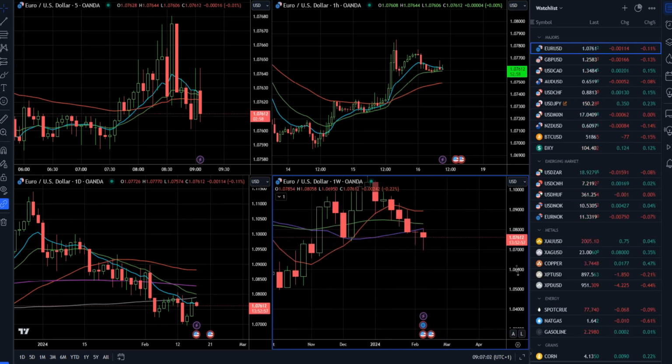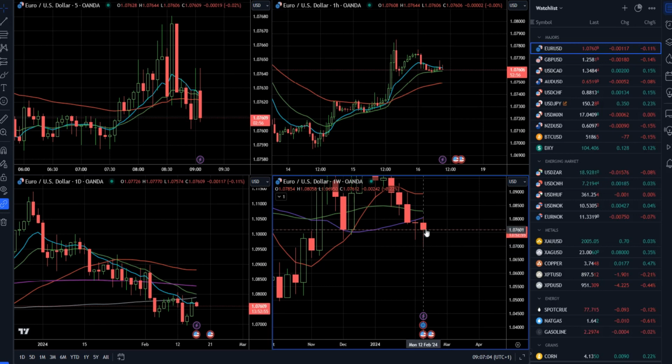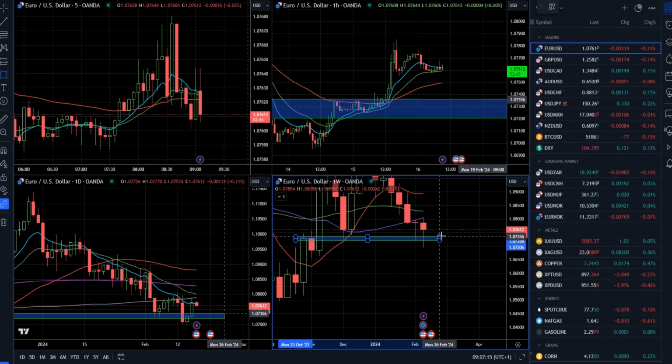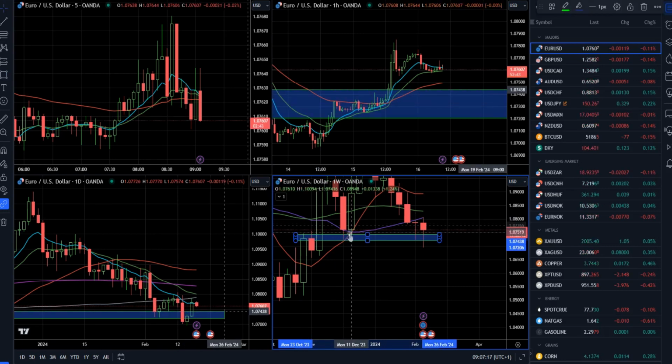This week the market is building this bigger tail, a pin bar, and last week was a doji candle, and this is also quite important support where all of this price action is happening. These were the multi-week swing lows, and also some swing highs there. So this is quite an important pivot on the weekly.